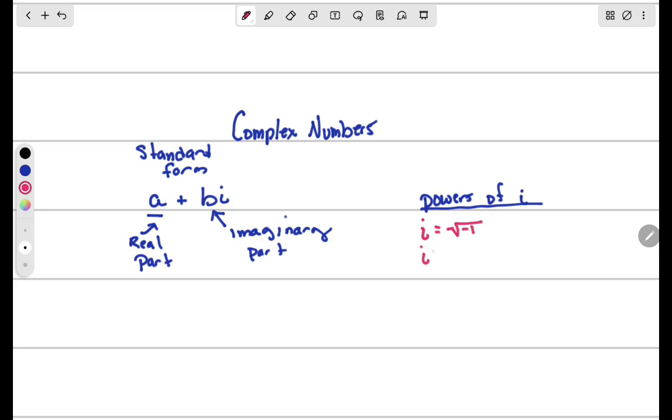We also find out that i squared is just negative 1. i cubed can be simplified to i squared times i, which is negative 1 times i, which is negative i.